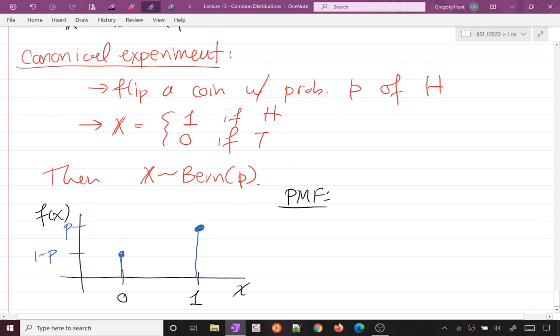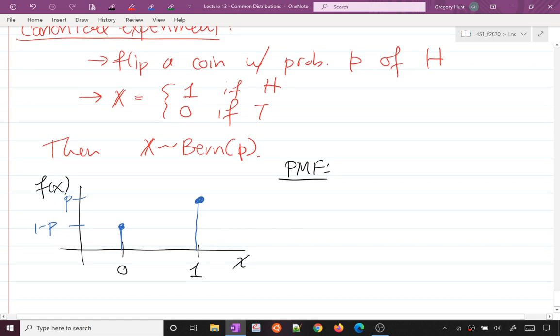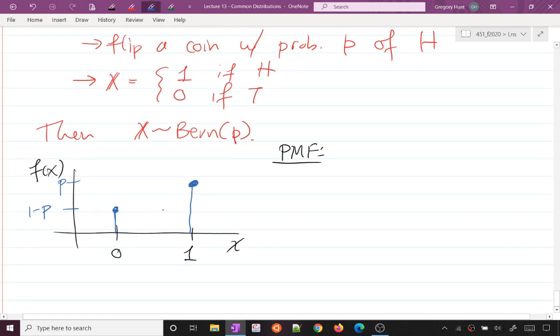They could be different heights depending on my value of p. 1 minus p might be bigger than p, right? But that's the graph of my PMF. You could write this out in a couple different ways. One way is p if x is equal to 1, and 1 minus p if x is equal to 0.